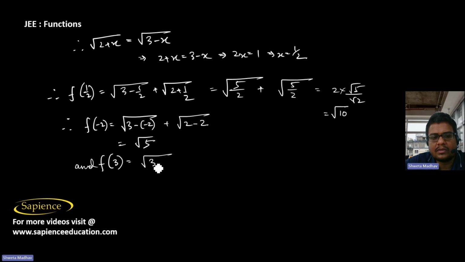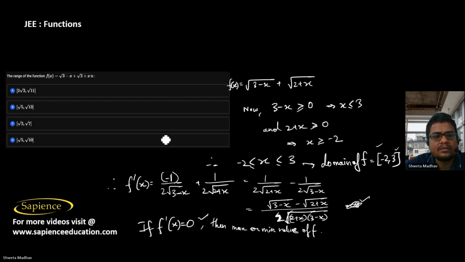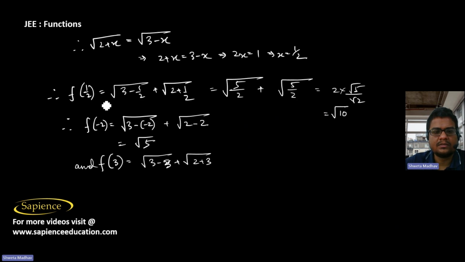So this will be root over 3 minus 3 plus root over 2 plus 3. At 3, this will also be equal to root 5.